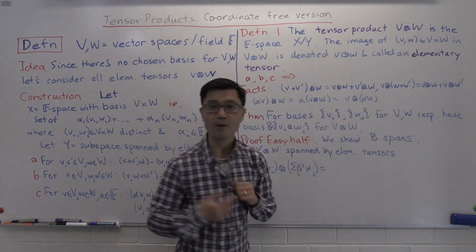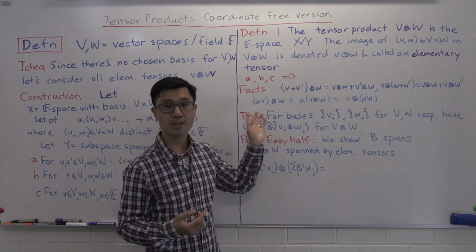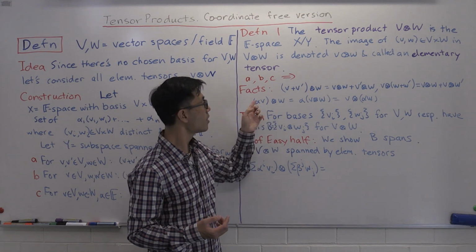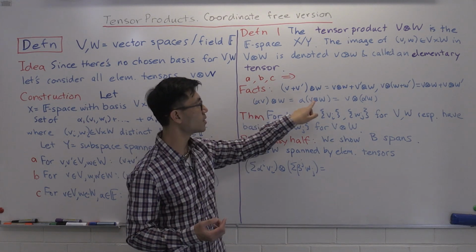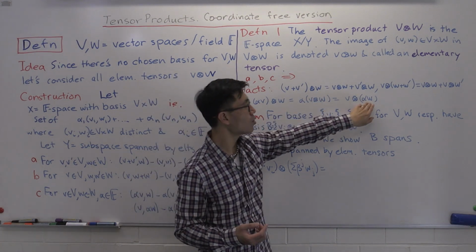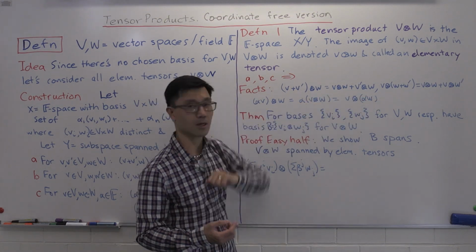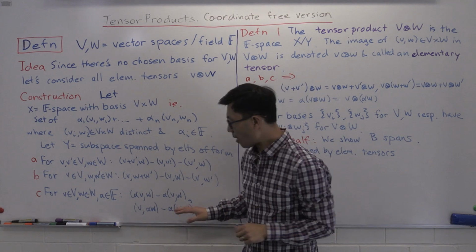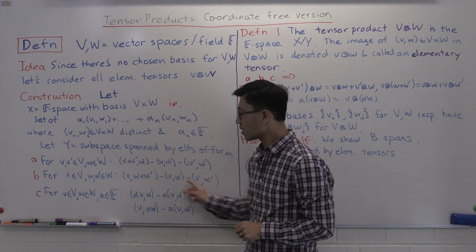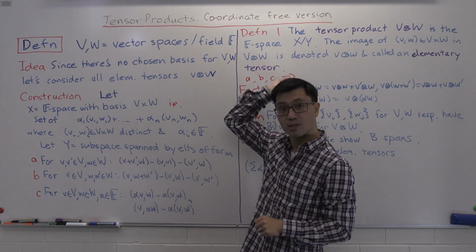What were the other properties that we saw for the elementary tensor that we would like to hold? If we take the elementary tensor with a scalar multiple, like (alpha V) tensor W, then you can pull that scalar out. That's alpha times (V tensor W). Similarly, if the alpha was on the W, the same thing happens: V tensor (alpha W) equals alpha times (V tensor W). Those equalities come from each of these relations. When you set this relation equal to 0, it's inside Y, so it goes to 0 in the quotient space, which is the tensor product.